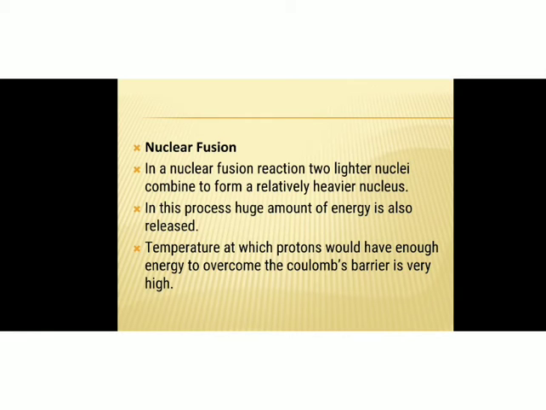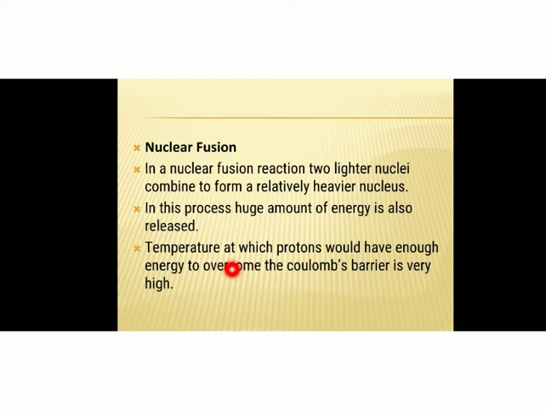So what is fusion? It is the combining of 2 lighter nuclei to form a heavier nucleus. That is fusion, and in this process, a huge amount of energy is released. The temperature at which the protons would have enough energy to overcome the Coulomb barrier is very high. So in order for the nuclear fusion reaction to occur, a high temperature is required, and such a high temperature is not observed on the Earth's surface.